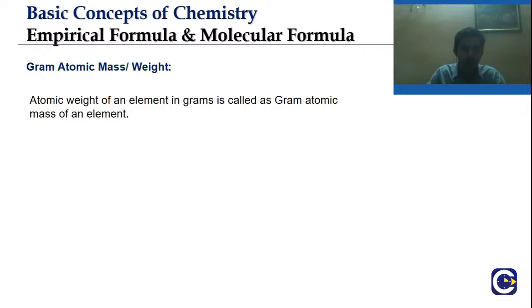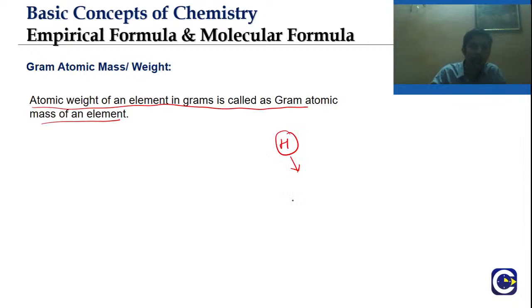Next is gram atomic mass or weight, the atomic weight of an element in grams. For example, in the case of hydrogen, we know the atomic mass is 1. Till now, whenever atomic mass came, you used to write just this number.